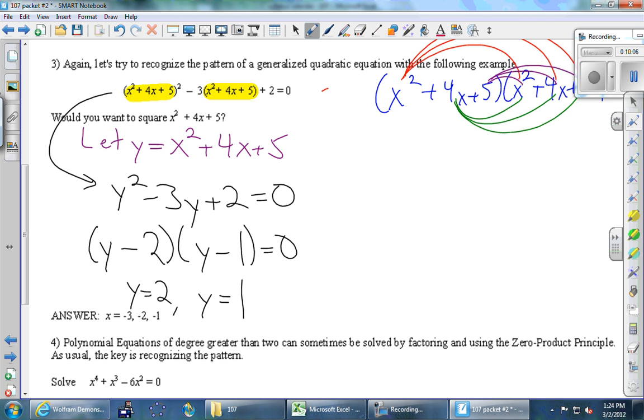Any questions on that? Factor it, set each piece equal to 0 and solve.